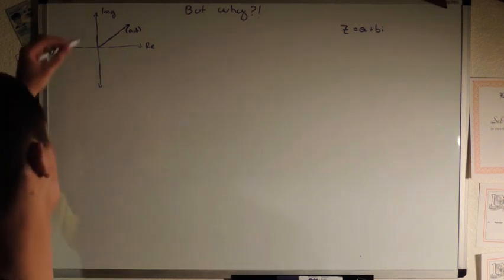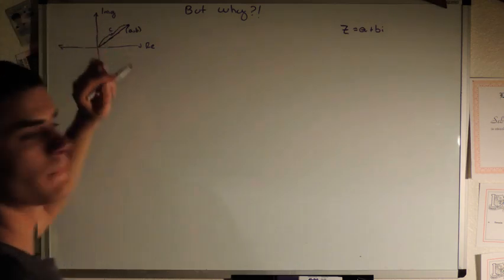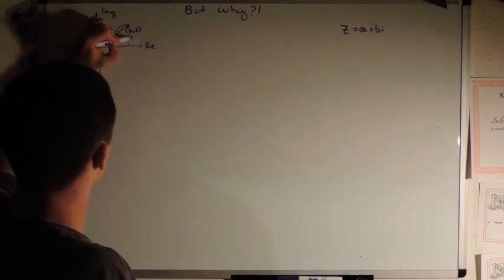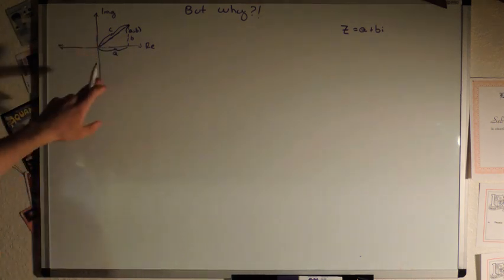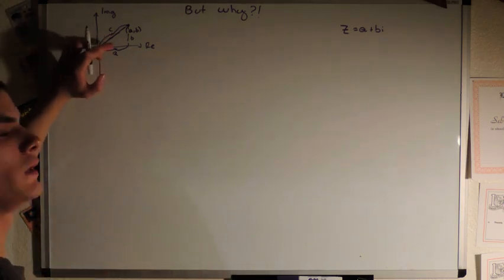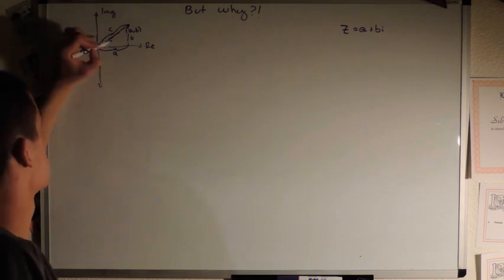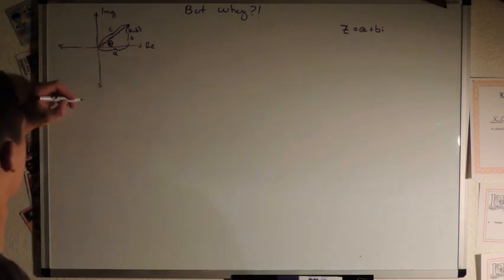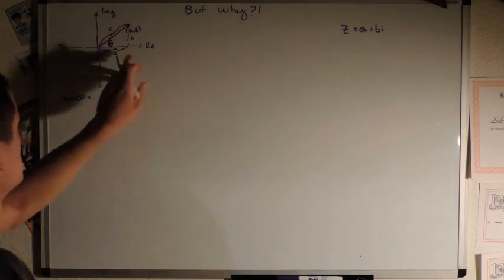I'll call this length c, which would make this height b and this length a. The angle between this line and the real axis, I'm going to call theta. So the tangent of theta is going to equal b over a.